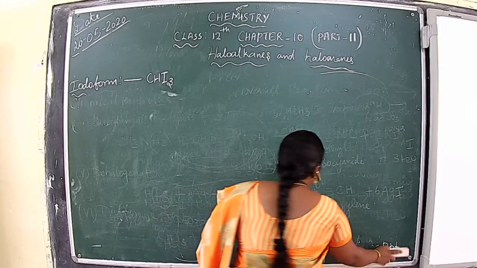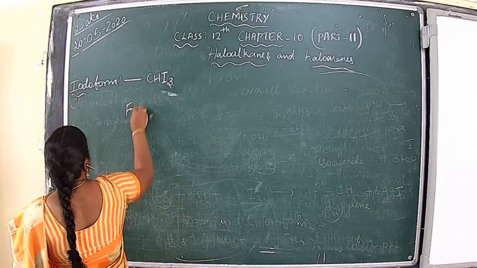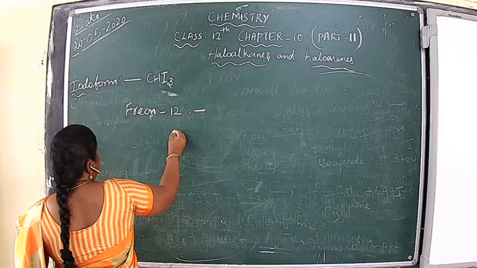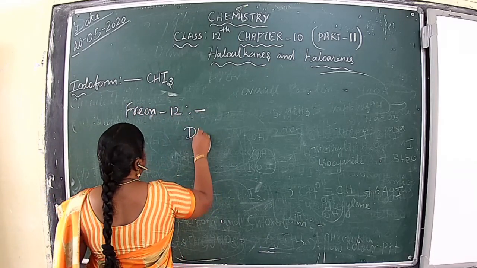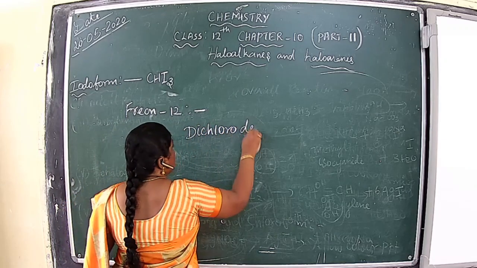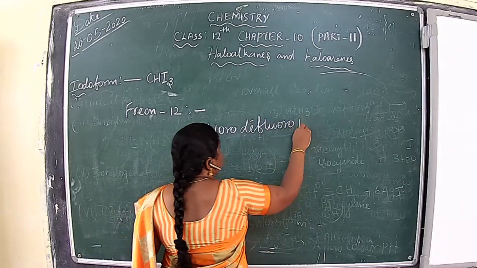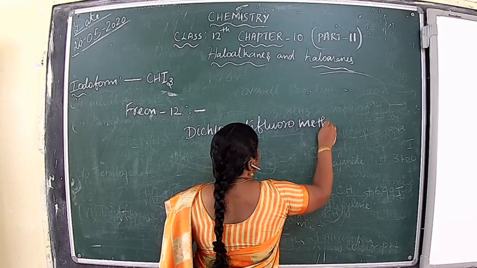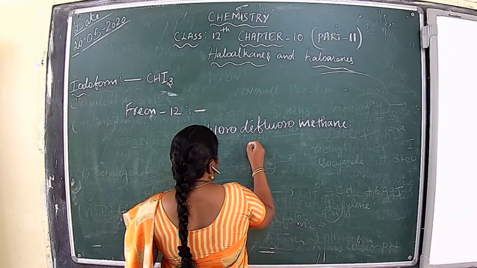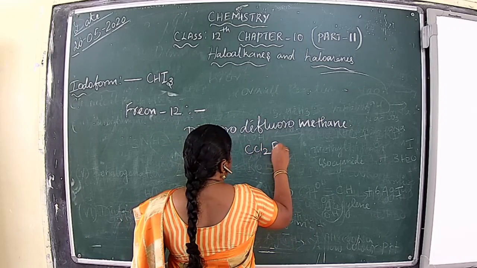So freon 12 is the chemical name. The formula is CCl2F2.